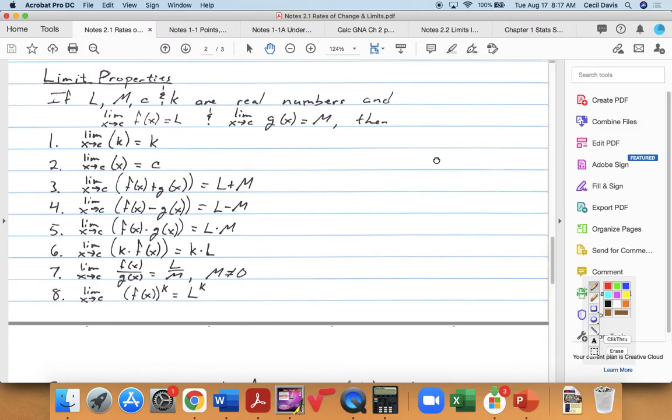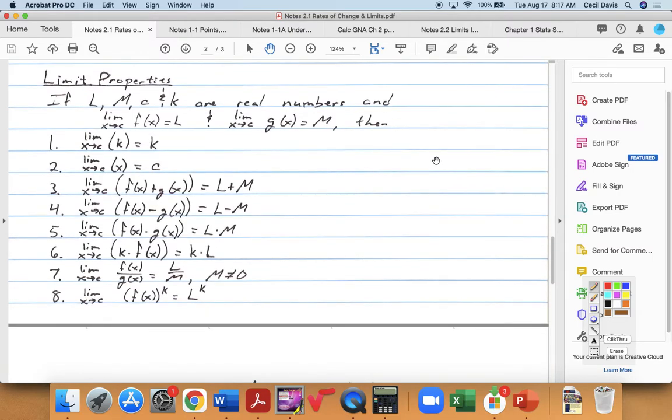So, limit properties. You probably used these ideas when you did limits in your pre-calc class, but probably never formalized them. So, let's look at them. The limit as x approaches c of k is k, where k is some constant.